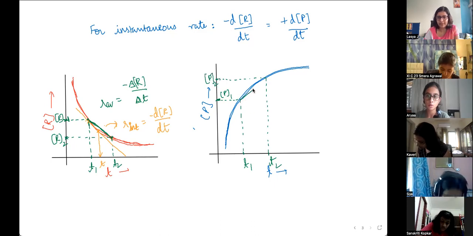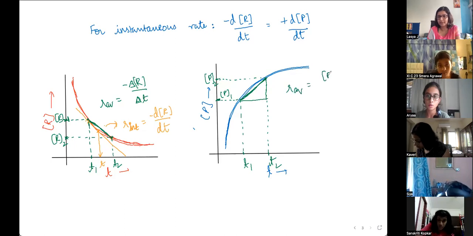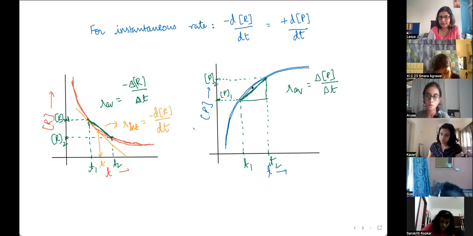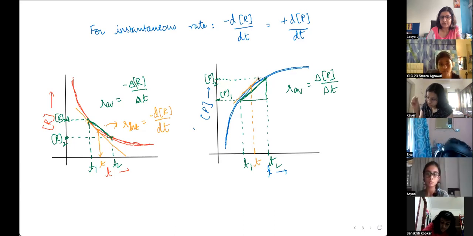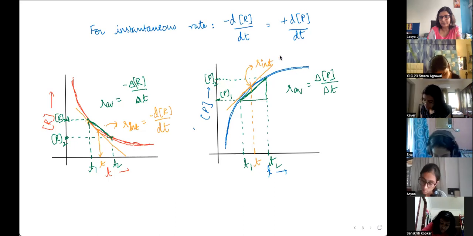So the average will be the line between this point and this point. We calculate the slope of the curve, the y2 minus y1 thing, so our average will be delta P upon delta T. And to calculate the instant rate at this point T, it'll be the slope of the tangent to this curve. So at this point, our instant rate will be dP by dt.